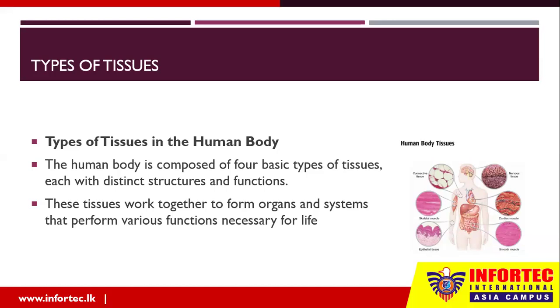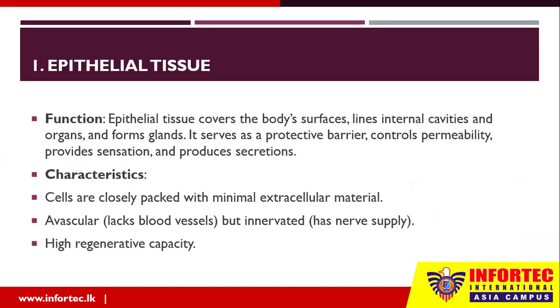They are the epithelial tissues, connective tissue, muscle tissue, and nervous tissue. These tissues work together to form organs and then systems that perform various functions which are necessary for human life, right? So we are going to discuss each of these types of tissues now.